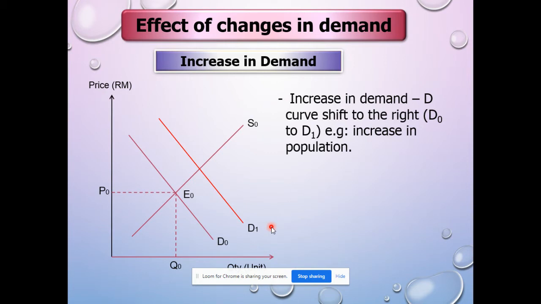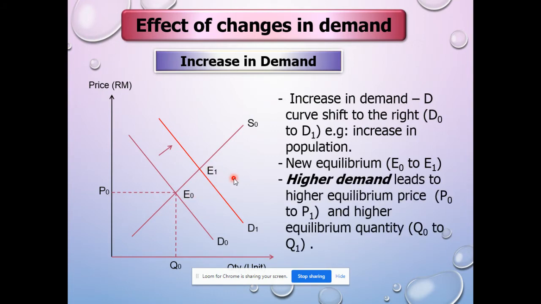So we will achieve a new equilibrium. New equilibrium at E1. So the new equilibrium changes from E0 to E1. Okay, and higher demand will lead to an increase in equilibrium price.